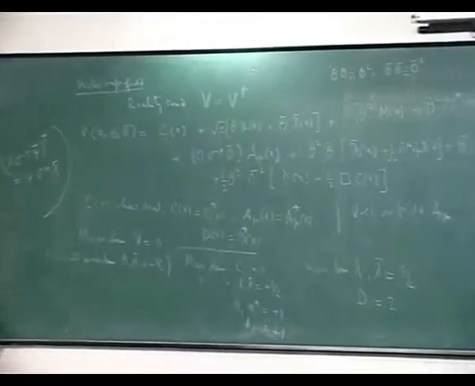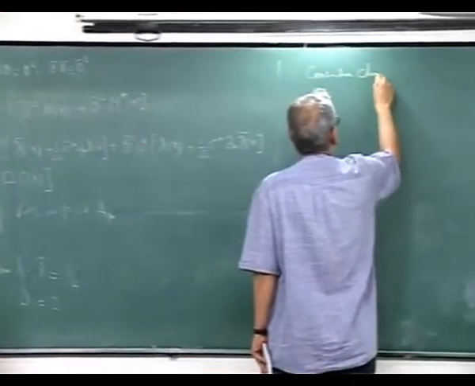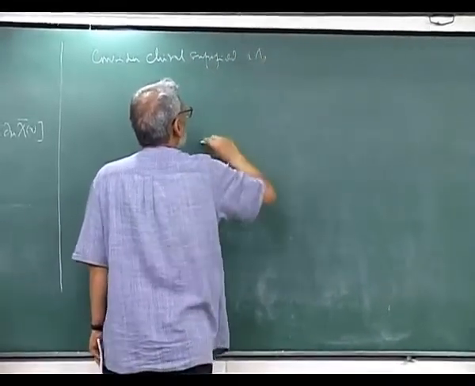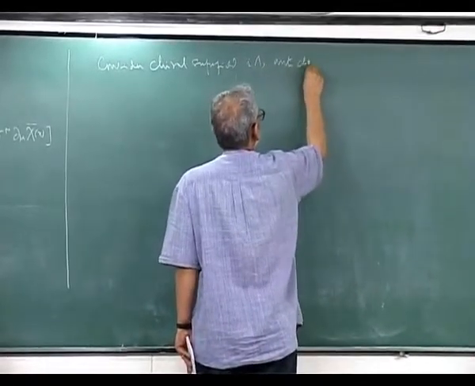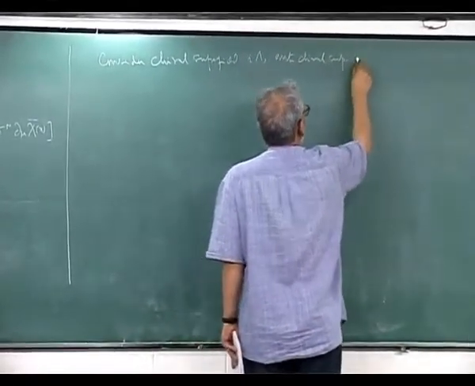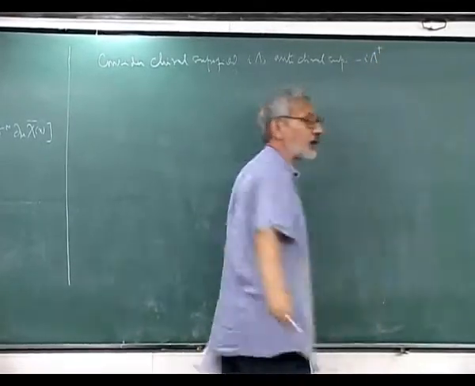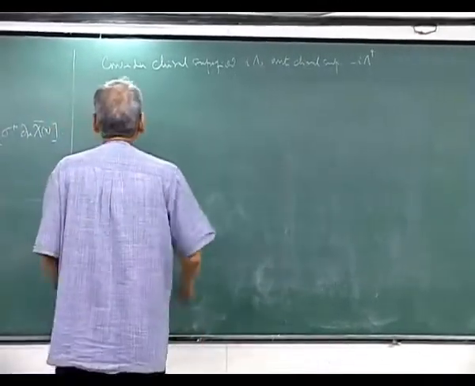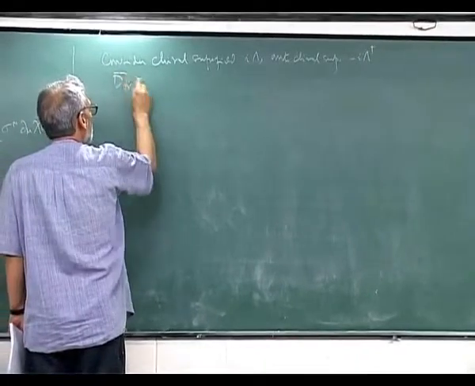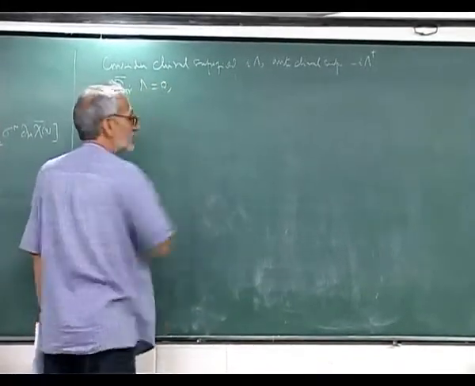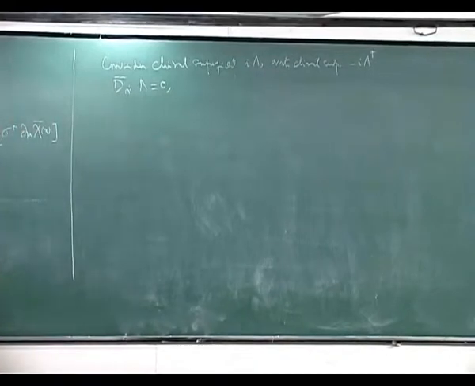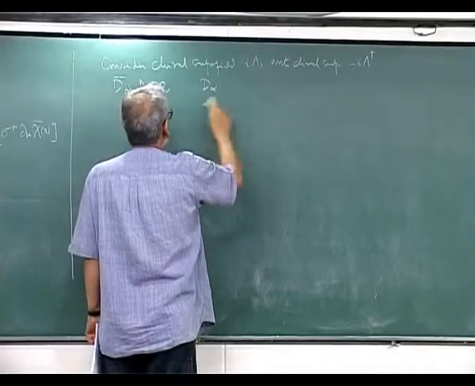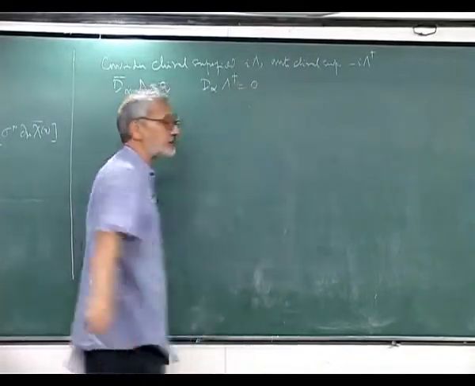Now let me consider chiral superfields, I times lambda, and the anti-chiral superfield, minus I times lambda dagger or lambda star. What does that mean? That means D bar dot of lambda is 0, because that's the condition for a chiral superfield, and the spinorial supersymmetric invariant derivative of lambda dagger is 0.